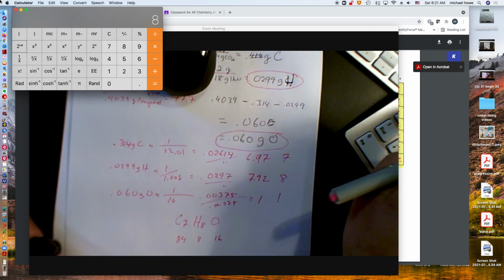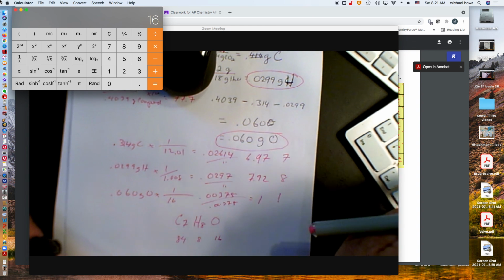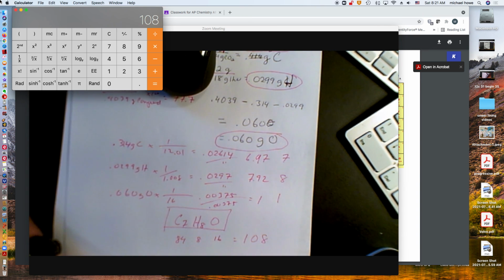So now 84 plus 8 plus 16 equals 108. So what that means is that for this particular compound, the empirical formula and the molecular formula are the same. So the thing exists as molecules in this simplest whole number ratio.